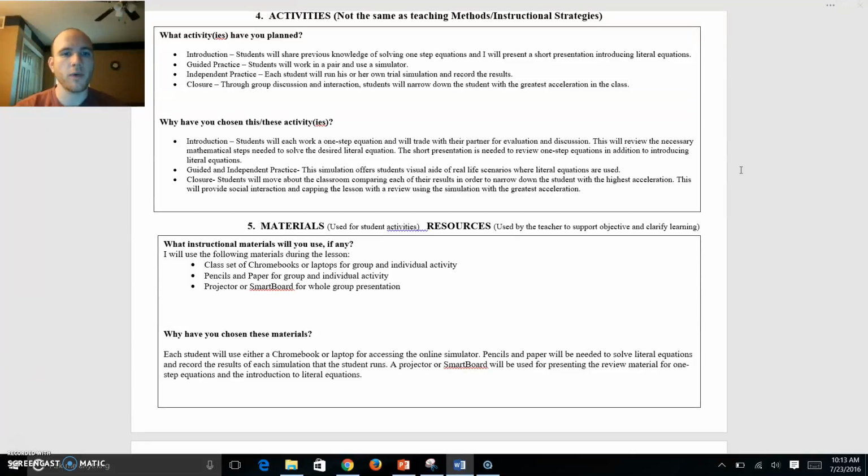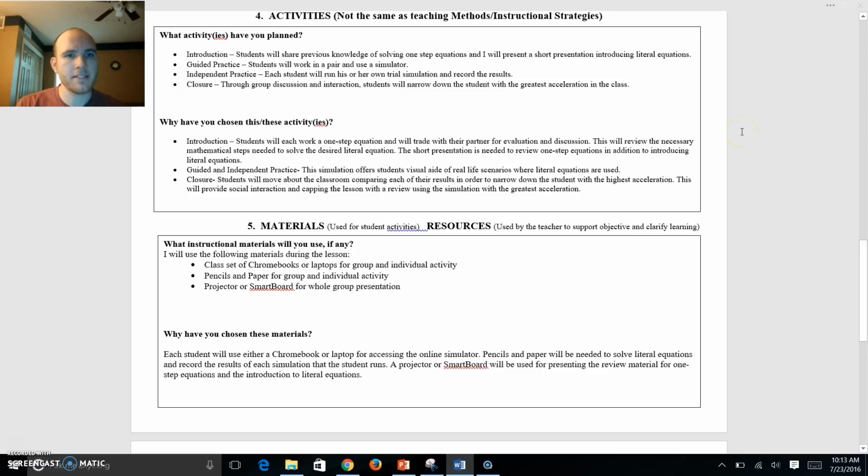It gives them a visual aid to see what's going on, to see why we use the equations. And it's just great exposure for the students to see why we're doing this, and some of the technology that we have out there that's able to guide them along, to aid them in understanding the equations and what they're there for.